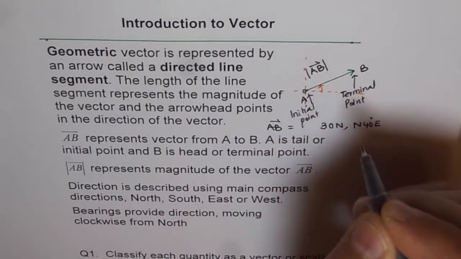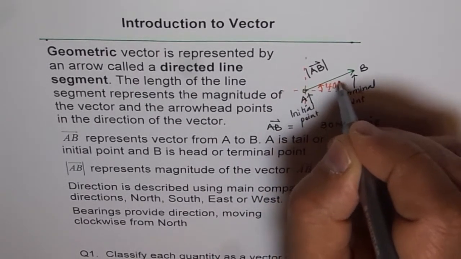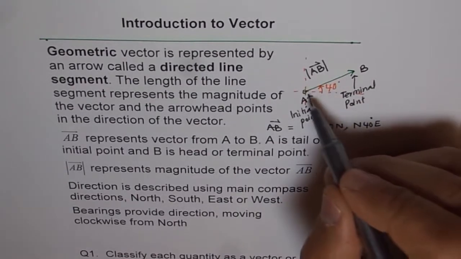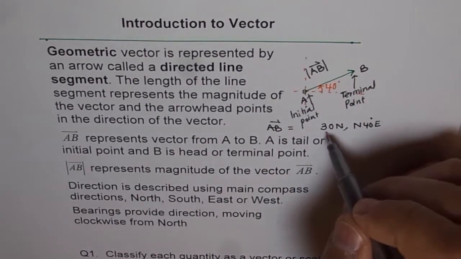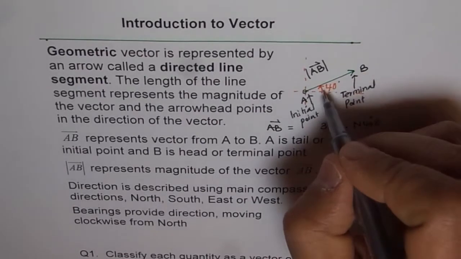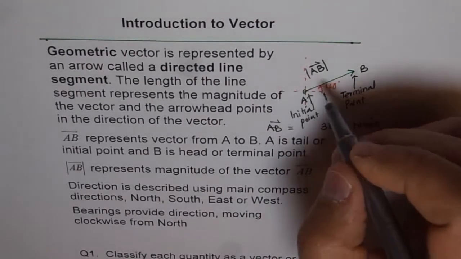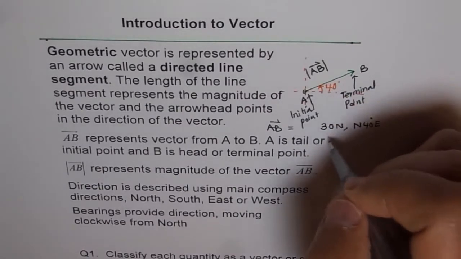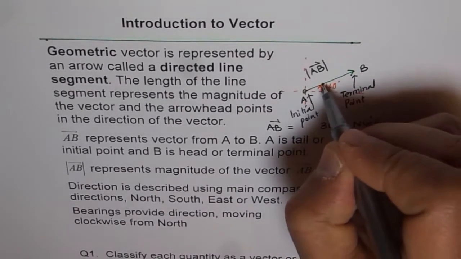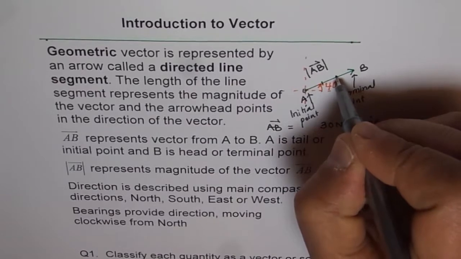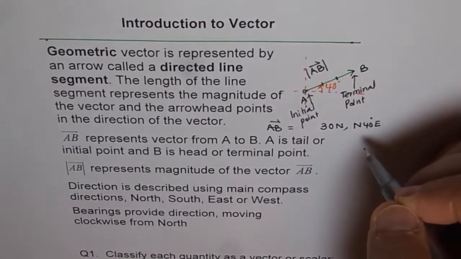So this angle here is 40 degrees. Do you see that? And the magnitude of this vector is 30 newtons. I choose a scale, and my scale is 1 centimeter represents 10 newtons. So I get 3 centimeters here: 1 centimeter, 2 centimeters, and 3 centimeters.